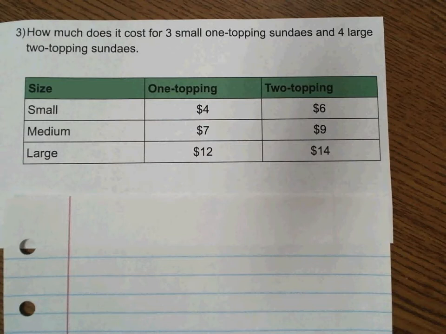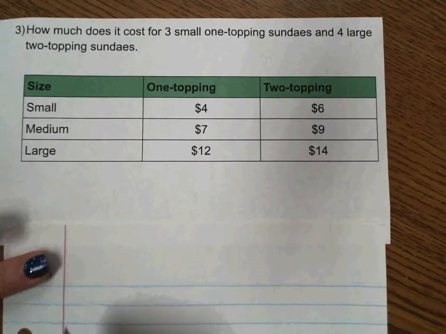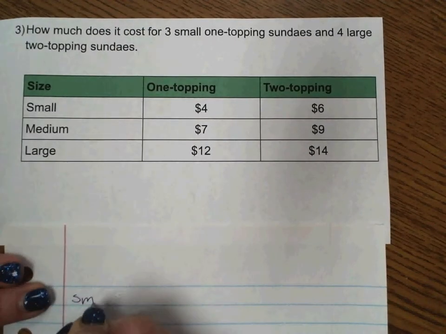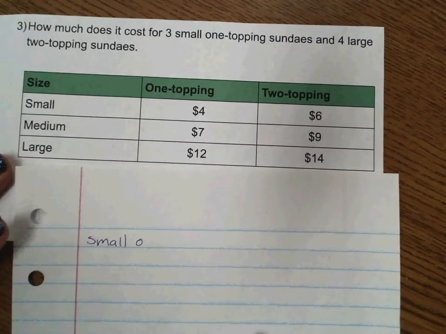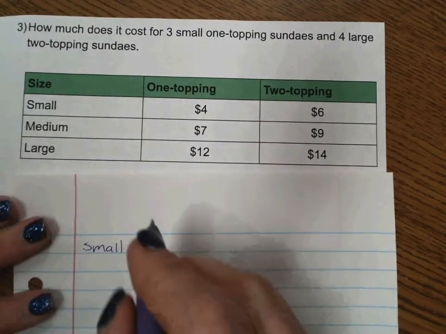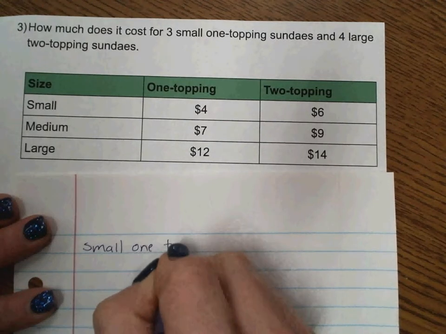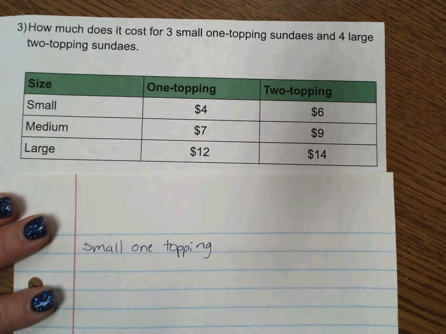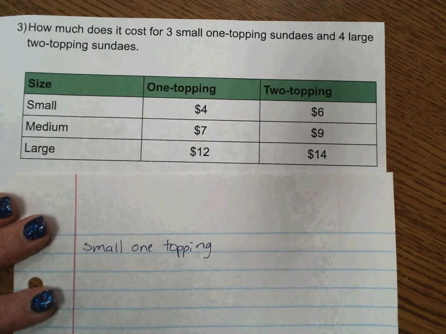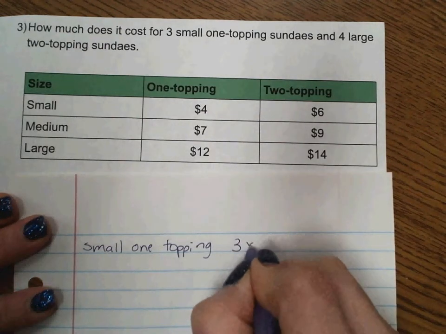So for 3 small 1-topping sundaes, I know I need to go to the small and figure out how much it is for 1 topping. So for the small 1 topping, she bought 3 of those, and as we can see here, they cost $4 each.